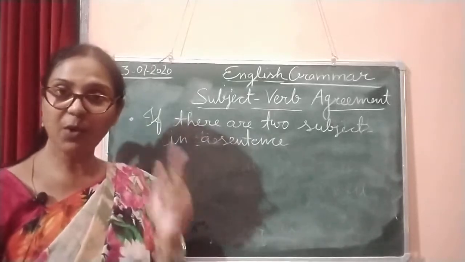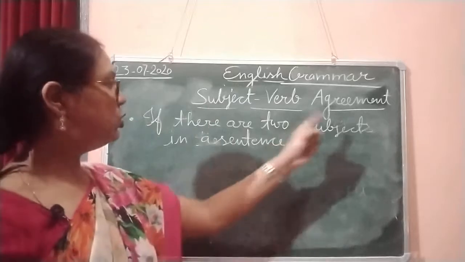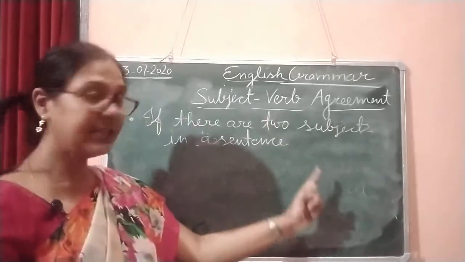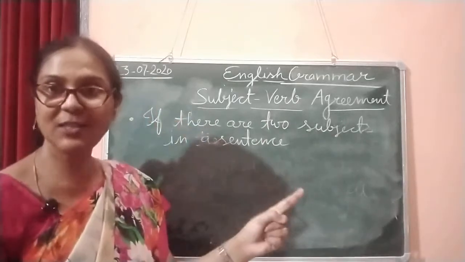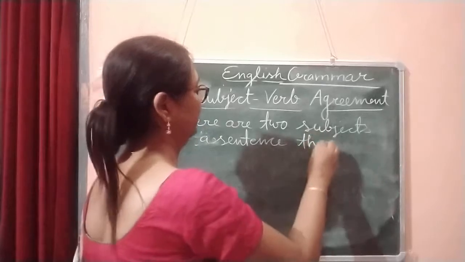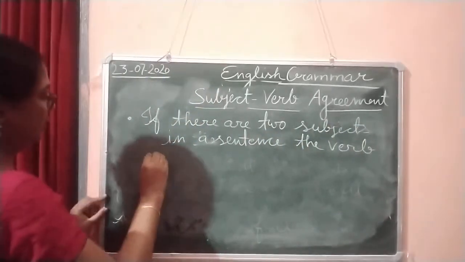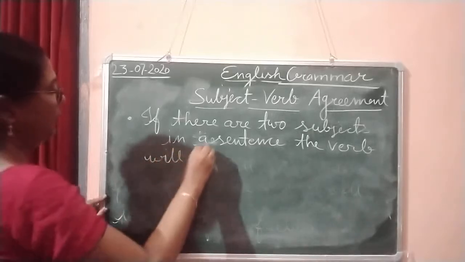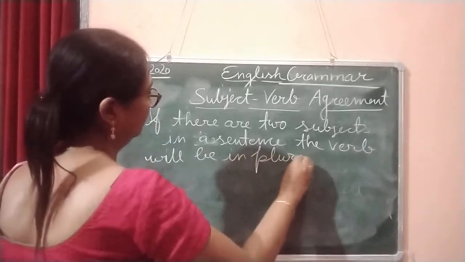Now the first point we have to learn: if there are two subjects in a sentence, the verb must be plural. The verb will be in plural.